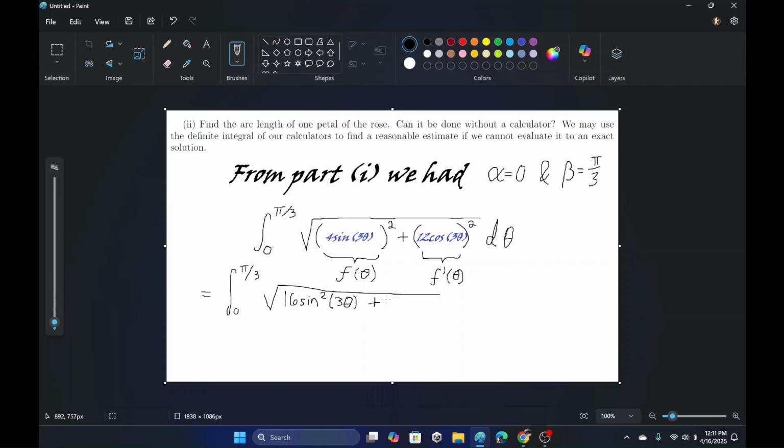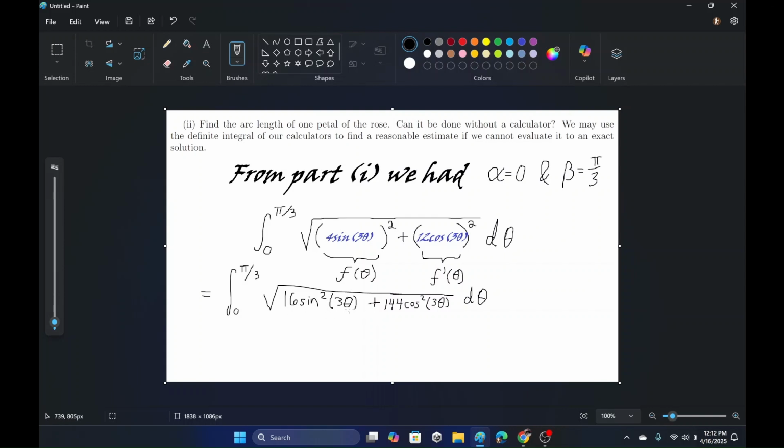And 12 squared is 144. And then cos squared 3 theta we'll have. All right, and then d theta here on the outside.